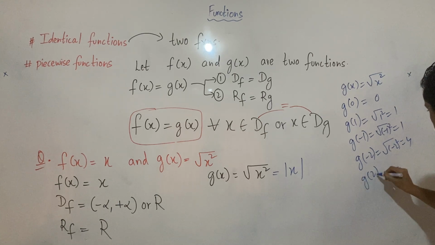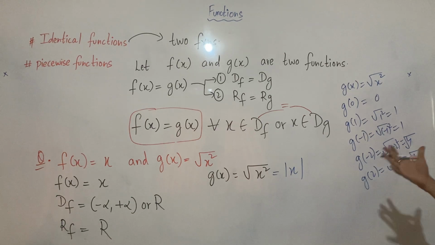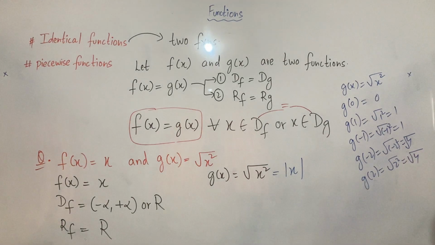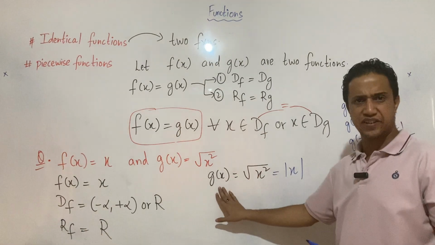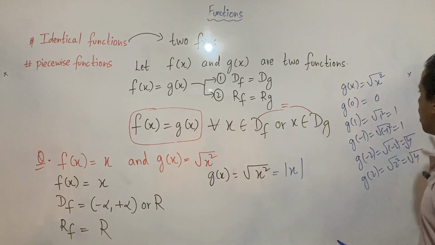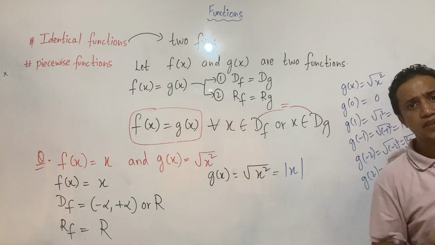For 2, it's going to be under root 2 square, which is under root 4. So what does it mean? It means that every time you put negative or positive values or 0, you will get the positive values.